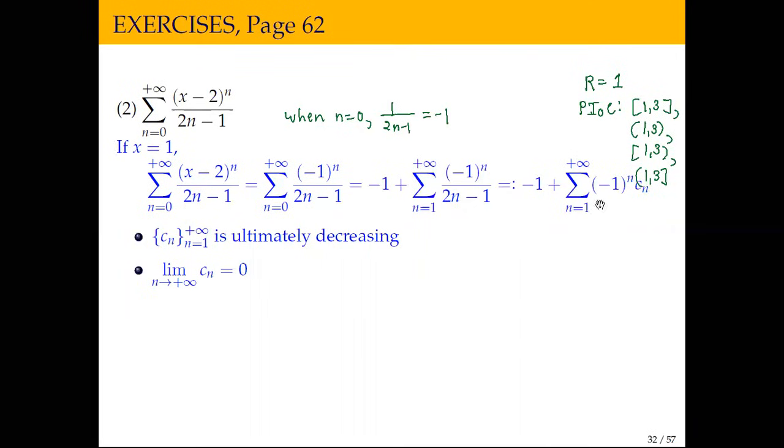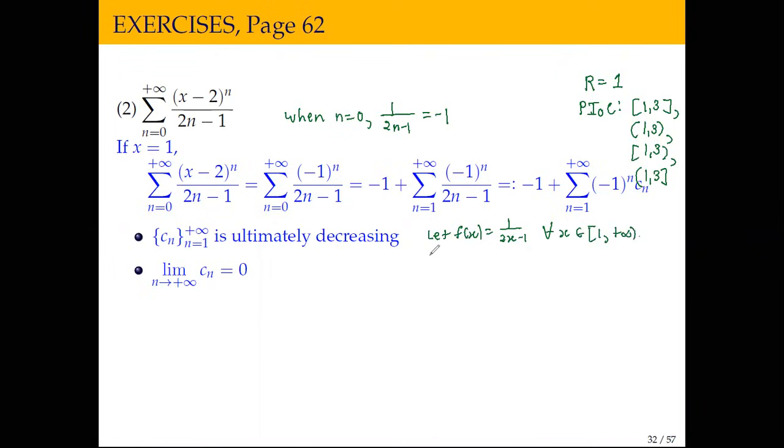If that is the case, then if you add any real number to that infinite series, the resulting infinite series will also be convergent. Now, let us verify these two conditions. For us to verify whether this sequence is ultimately decreasing, let f of x be equal to 1 over 2x minus 1 for all x in the interval starting from 1.